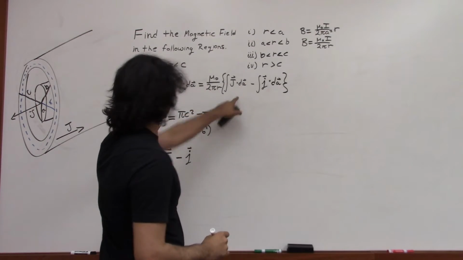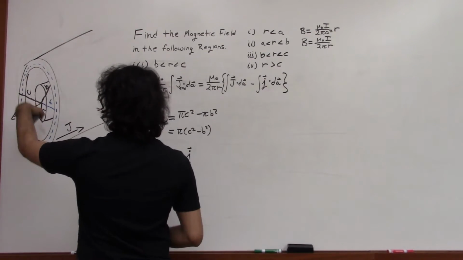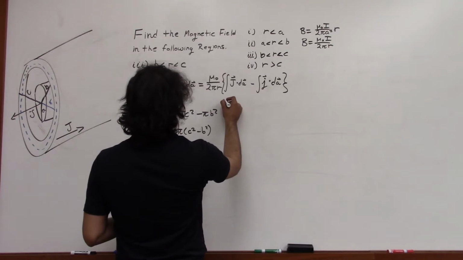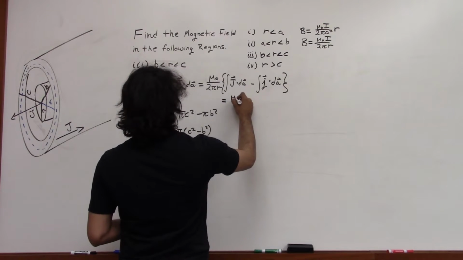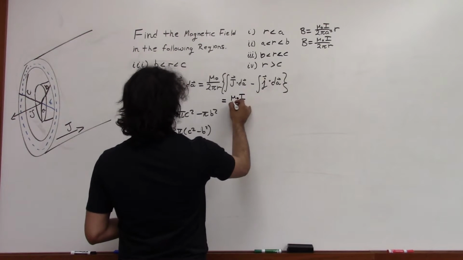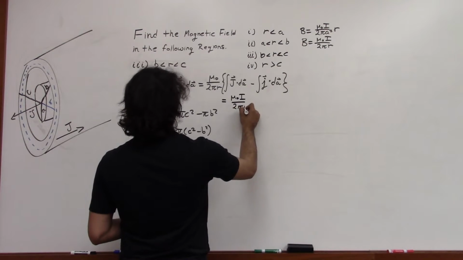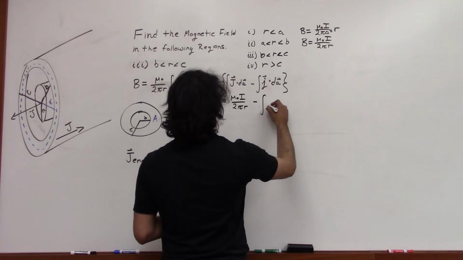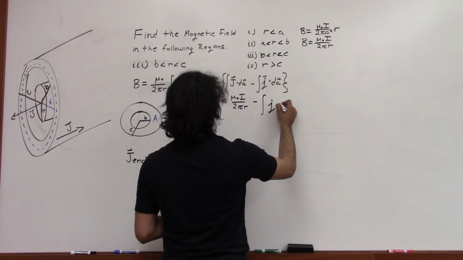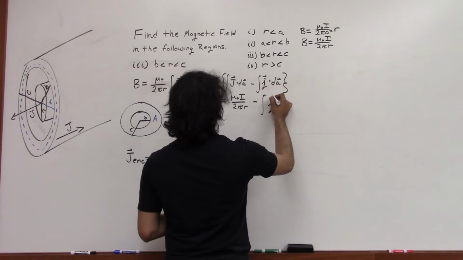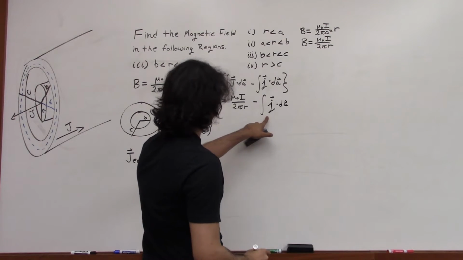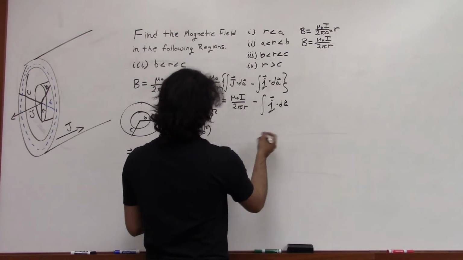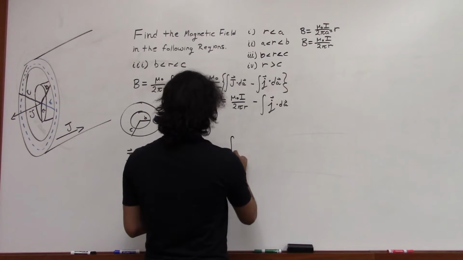Now this integral is corresponding to this piece right here. So we've actually tackled that before. That's just mu naught I over 2 pi r. So our entire rest of the calculation just depends on evaluating this integral right here. Now, this partial j, which I'm going to rewrite here first of all, integral.